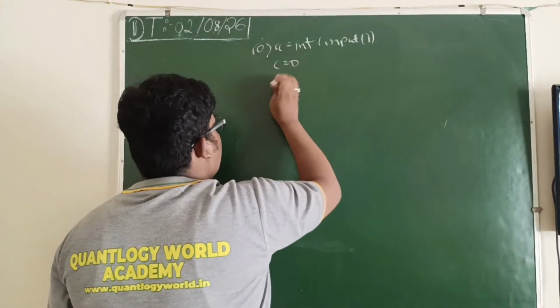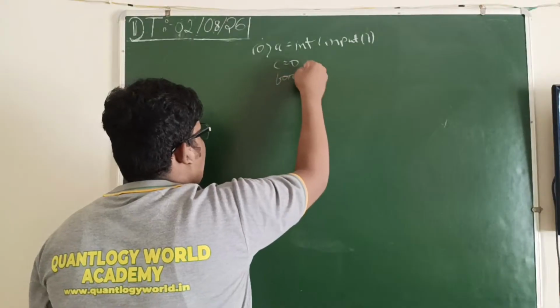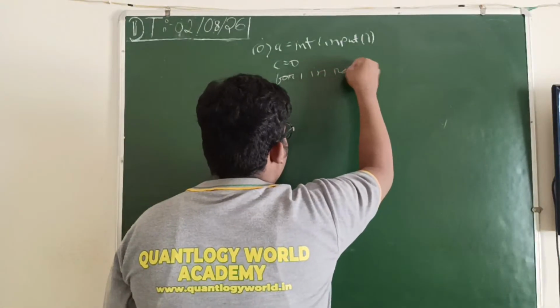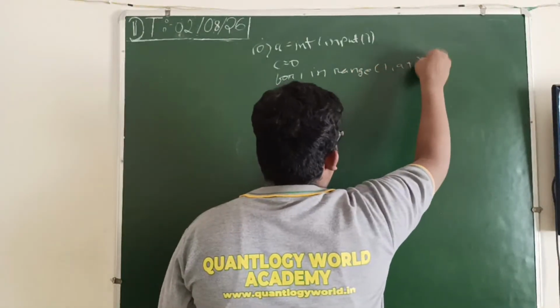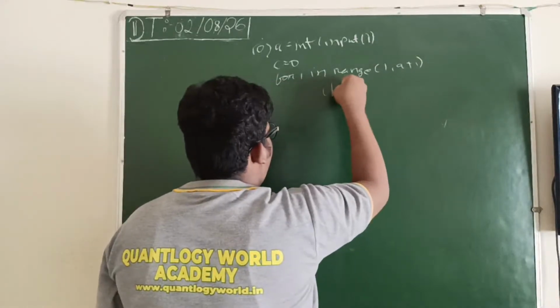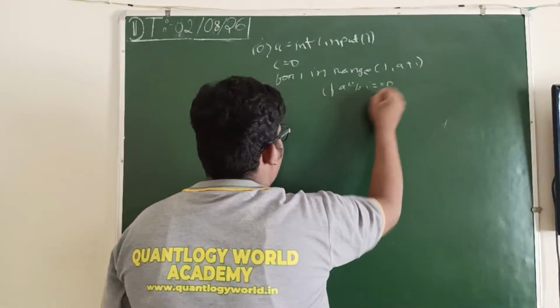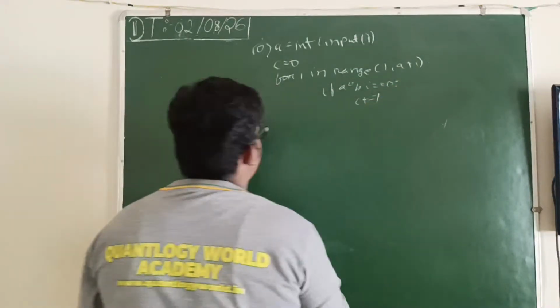C equal to 0, A equal to int input. For I in range 1 comma A plus 1, if A % I double equal to 0, then C plus equal to 1.